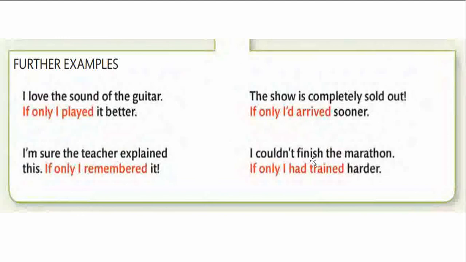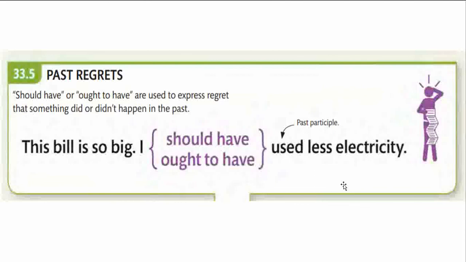I couldn't finish the marathon. If only I had trained harder. It's a regret regarding the past. The next pointer that we have is about past regrets with a different construction.